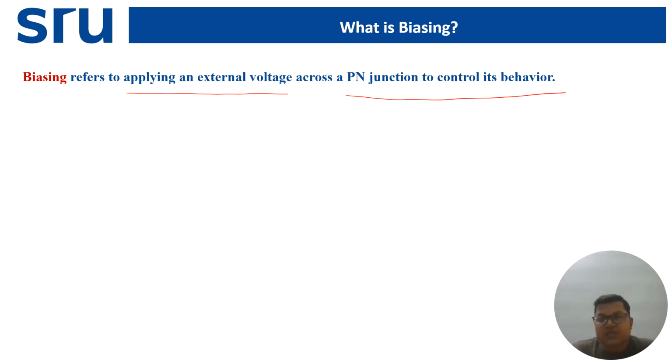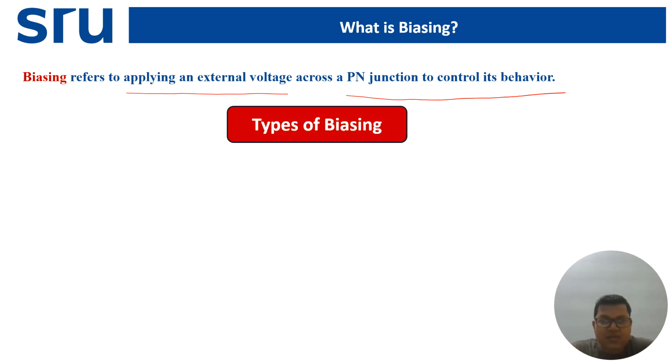So far we have discussed the built-in potential, which is the result of the internal electric field developed by the pile up of immobile charge carriers near the junction. But here we will connect an external voltage or power supply to control the behavior of the PN junction.